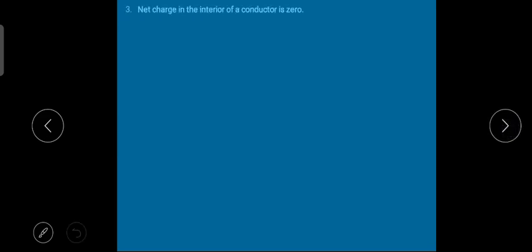Now third point is that net charge in the interior of a conductor is zero. ये क्या बात है?